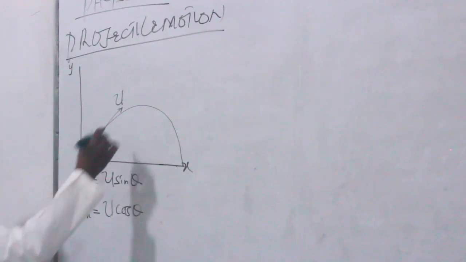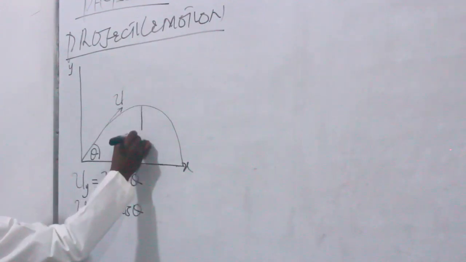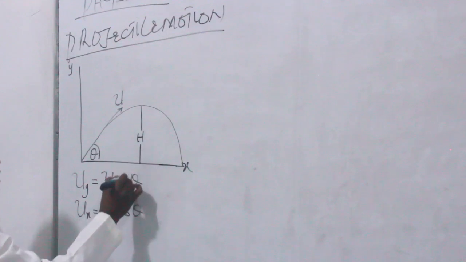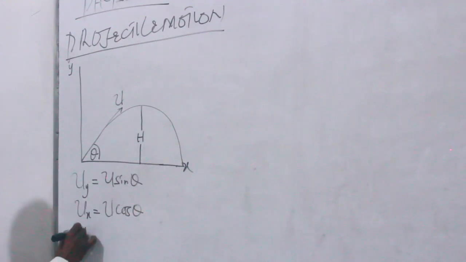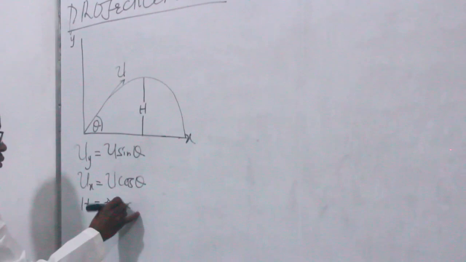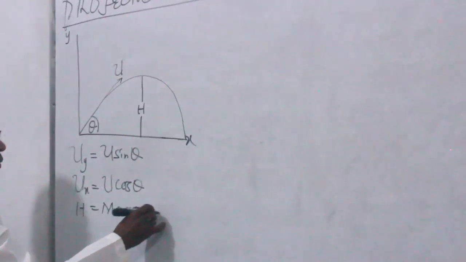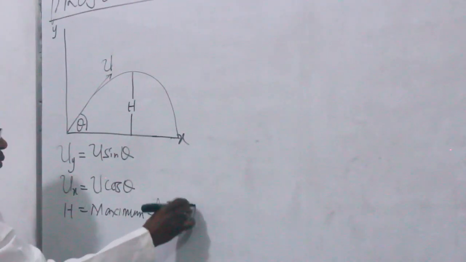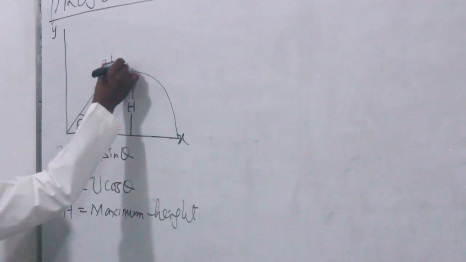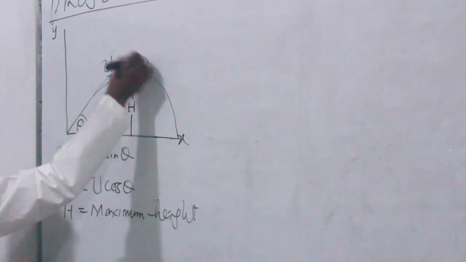Not only that, at a certain point in time, the particle is said to attain a maximum height. Maximum height, h, stands for the maximum height. At that point, the final velocity equals 0.